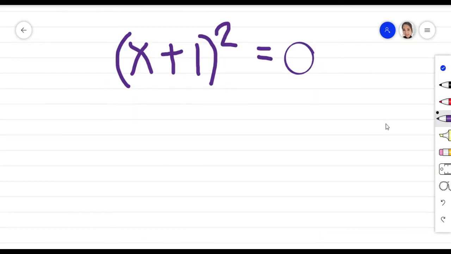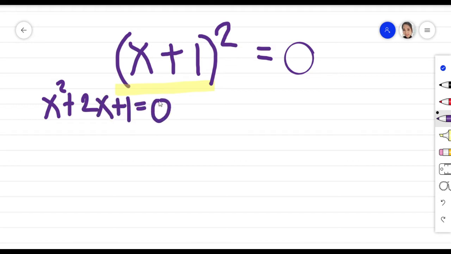Now, how about this quadratic equation? The quantity of x plus 1 raised to the power 2 equals 0. So this quadratic equation is not in standard form, but we know that this is a quadratic equation because if we expand x plus 1 squared, that would be x squared plus 2x plus 1 equals 0.